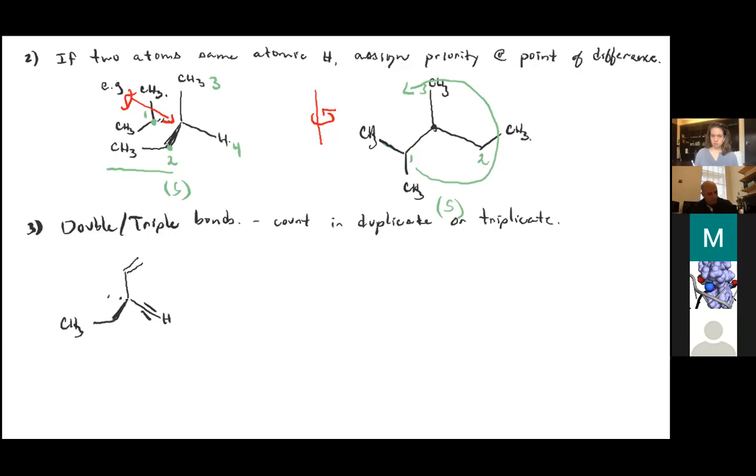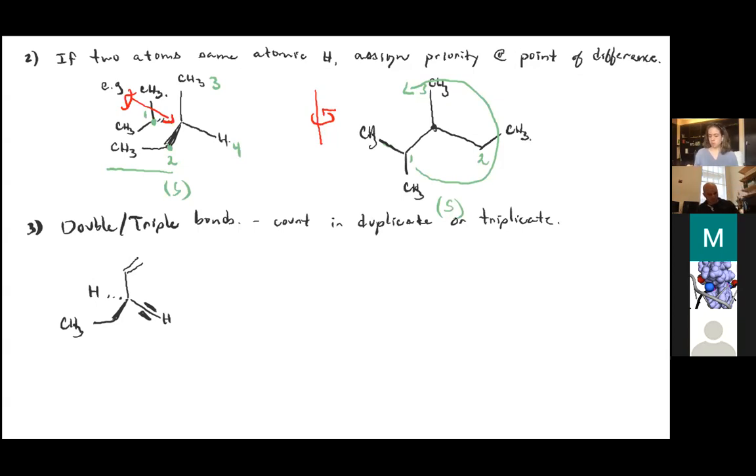Okay, so I've got 3 carbon substituents. Each of them has 2 carbons. And so how do I prioritize them? The way to do it is to count the double bonds. So the CC triple bond is interpreted by these rules as being a carbon attached to 3 carbons.